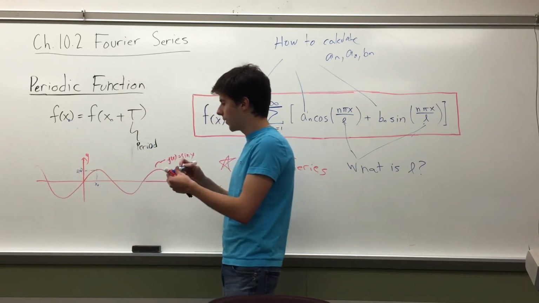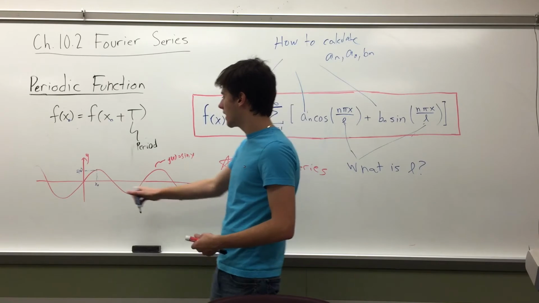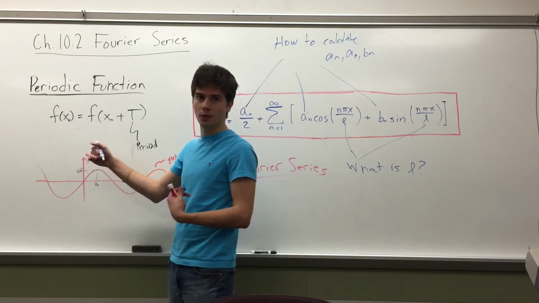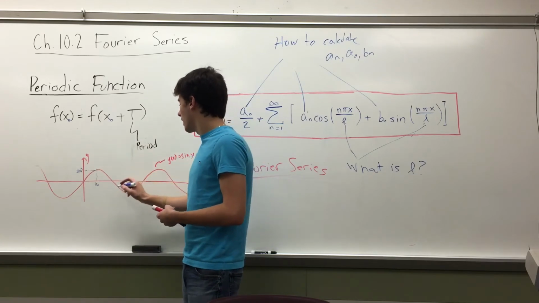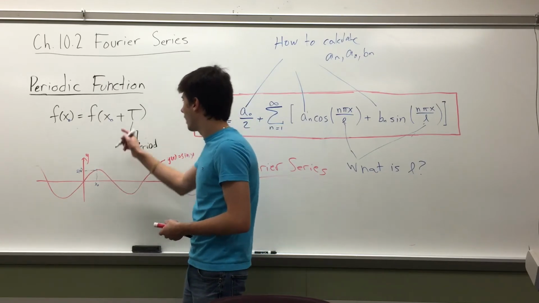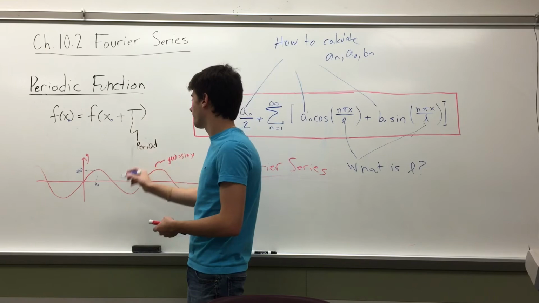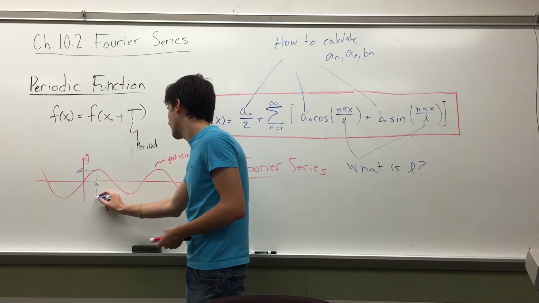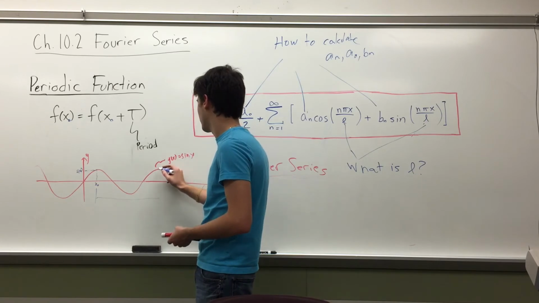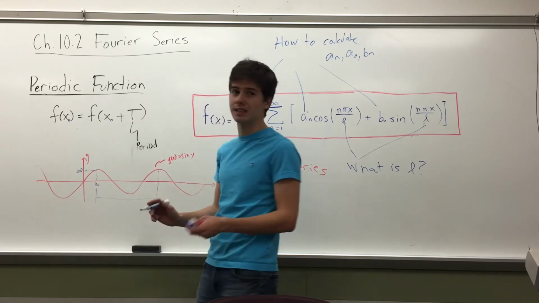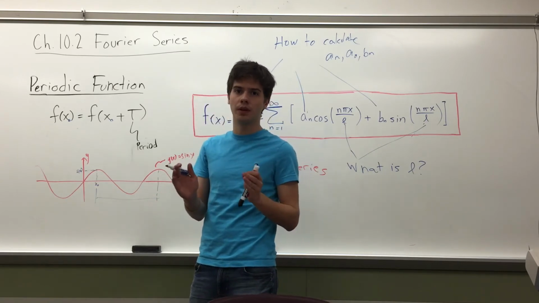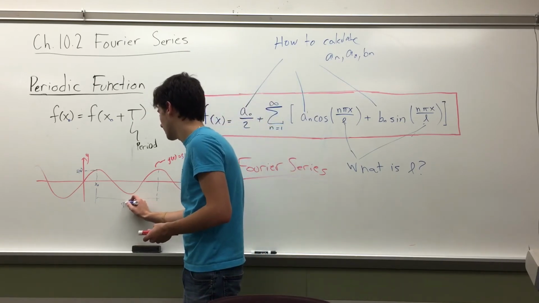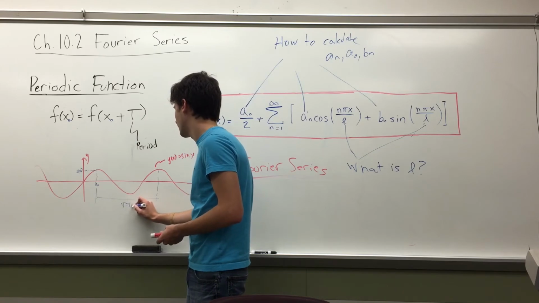And what a periodic function says is that if you take an arbitrary point x naught and you have a corresponding y value, f of x naught, and you add a period to this point, the period of sine of x is 2 pi, that's the fundamental period, the least possible period that makes it periodic. So let's say T equals 2 pi in this case.